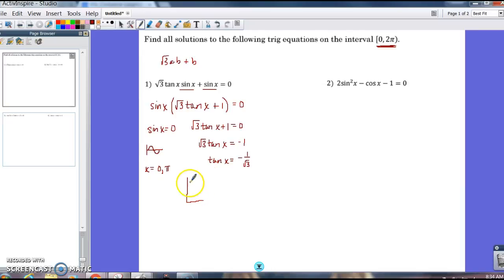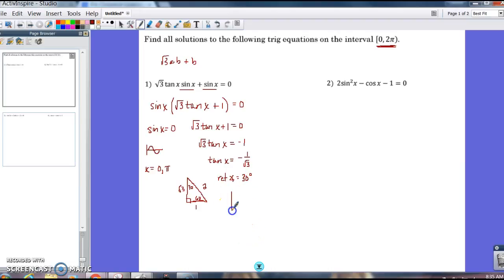And then I'm going to go over here and look at my right triangle. Here's my really badly drawn right triangle. So here's my 30, 60, 90 triangle. This is 1, root 3, and 2. So tangent is opposite over adjacent, so that would be 30 degrees, but this is negative. So I'm just going to put that as my reference angle because I'm not in the first quadrant, right?